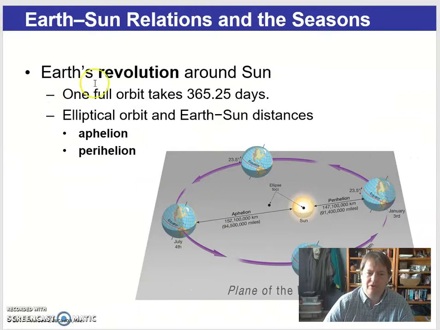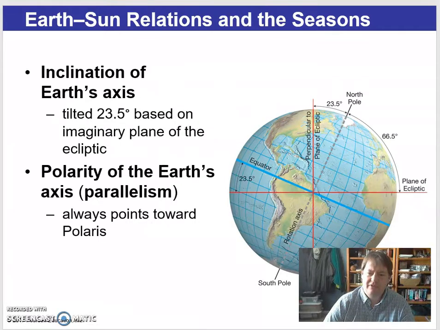Then we get into Earth's revolution, so that's the Earth going around the sun, elliptical orbit, different distances. Aphelion and perihelion are different distances, and then we really go into what drives seasonality. Polarity of the Earth's axis always points towards Polaris, so that's part of what keeps our Earth rotating around an axis of 23.5 degrees.